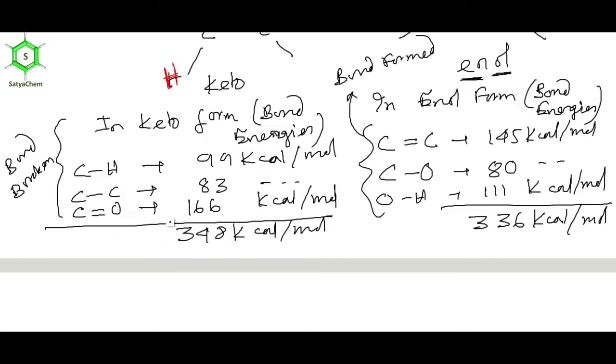This thermodynamical calculation shows that keto form is more stable by about 12 kilocalorie than its enol form. Clear?